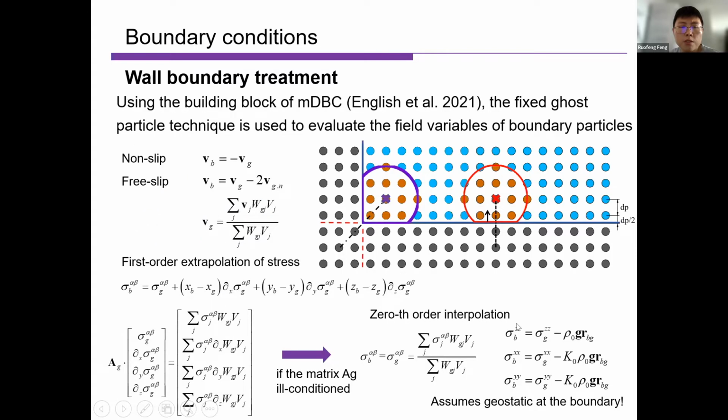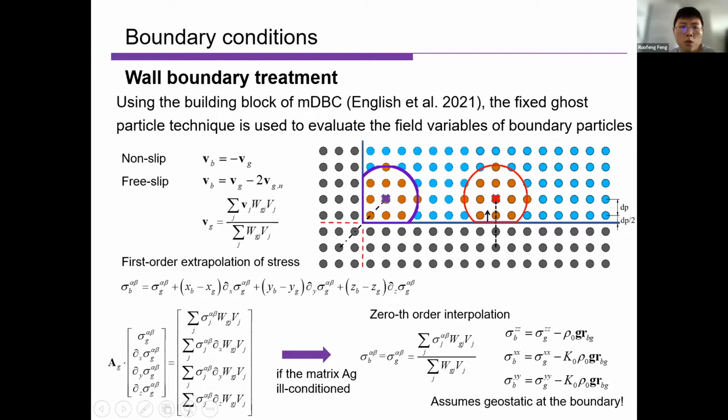So here we adopt the building block of MDBC by English in 2021. We use the fixed ghost particle technique to evaluate the field variables of boundary particles. The no-slip, free-slip boundary condition is quite similar to what we have in MDBC. The main difference is that we extrapolate the stress rather than density.